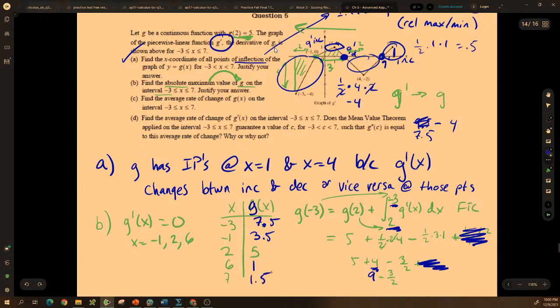This is 1.5. So basically, we're going to do a lot of little areas. We started off at 5, and we just add or subtract based on which way we're going. Okay, again, don't worry if this is confusing. We haven't reviewed chapter 6, and we've actually never even done anything like this. This won't be on the final. Okay, but the absolute maximum in this case would be negative 7.5.